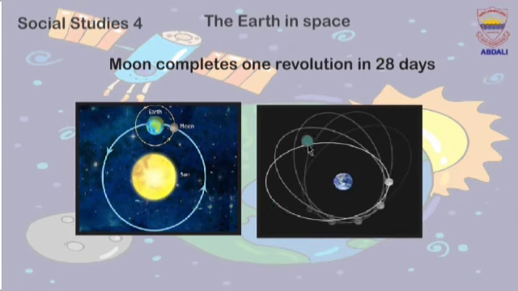What will be your answer? Moon completes one revolution around the earth in 28 days.